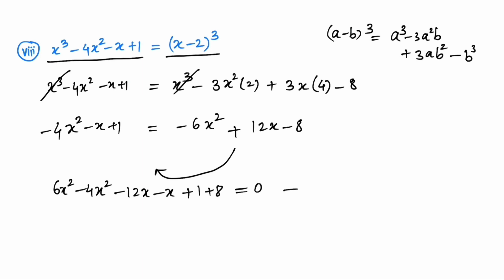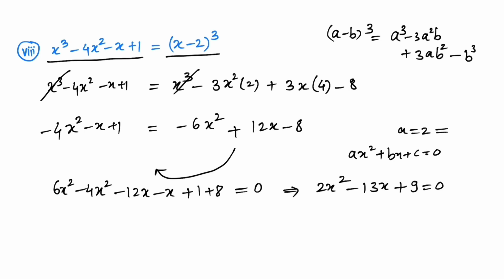So this gives us 2x square minus 13x plus 9 is equal to 0. So it is in the form ax square plus bx plus c is equal to 0, where a is equal to 2, which is not 0. So this is a quadratic equation.